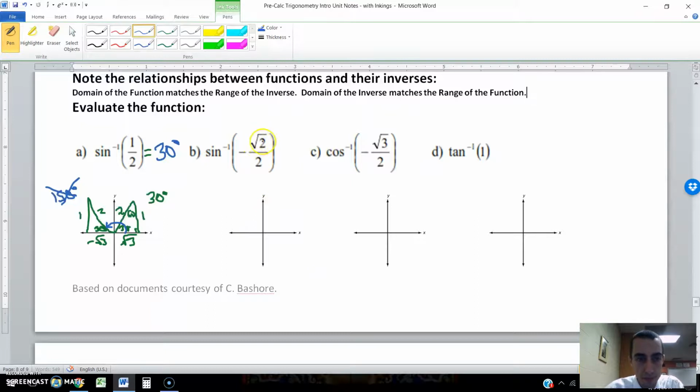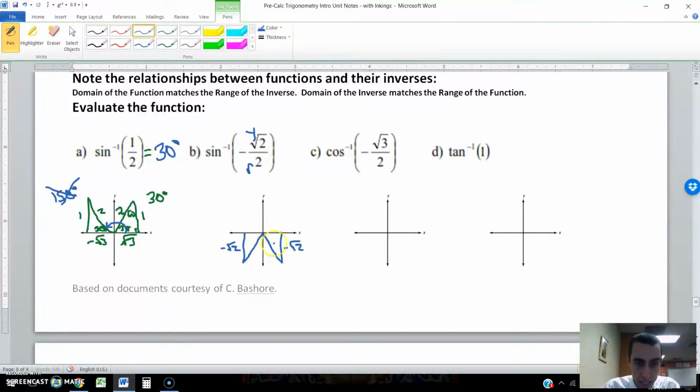Next up, sine inverse of negative root 2 over 2. This is my y and this is my r. R is always positive, and so this y must be negative to give us the negative fraction. So we're going to have an angle somewhere down here, or down here, to have a negative y.